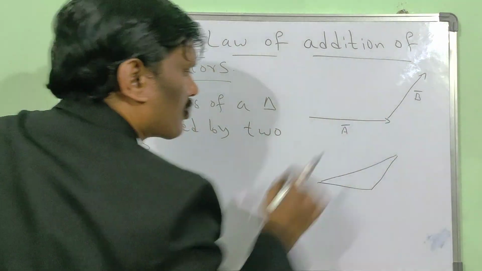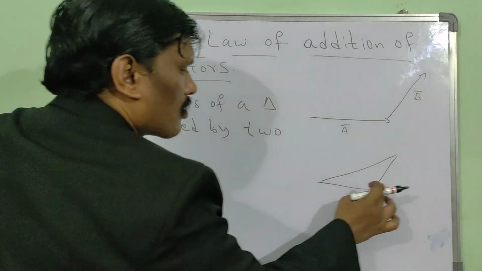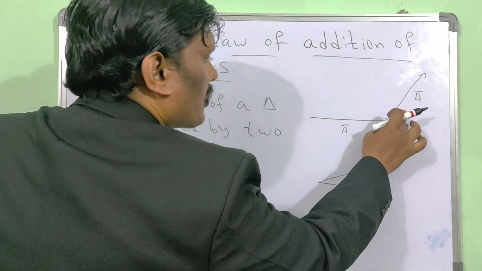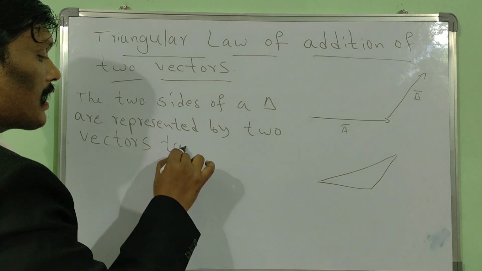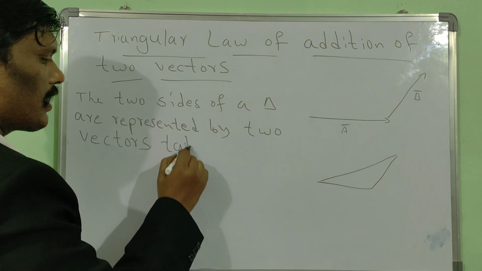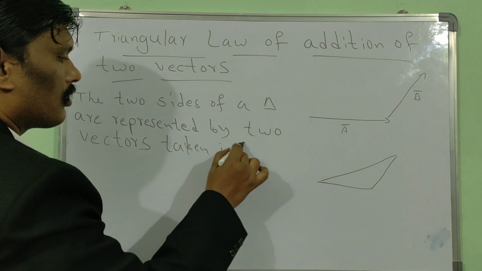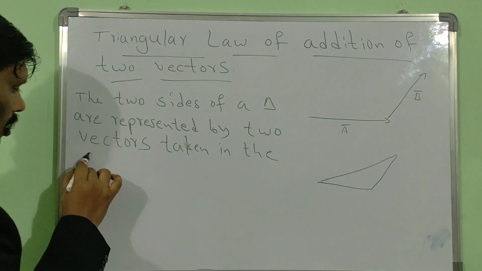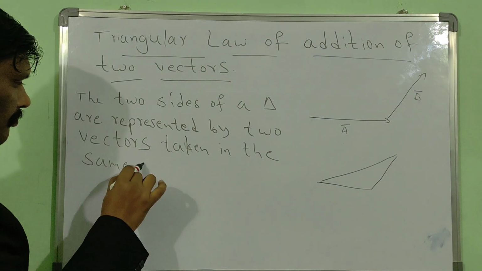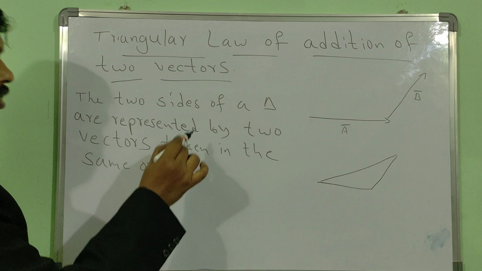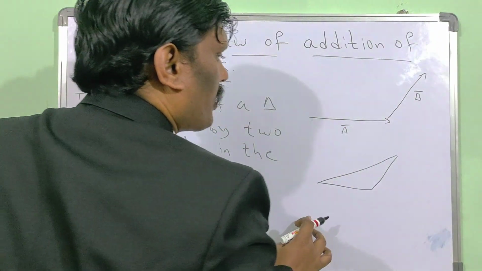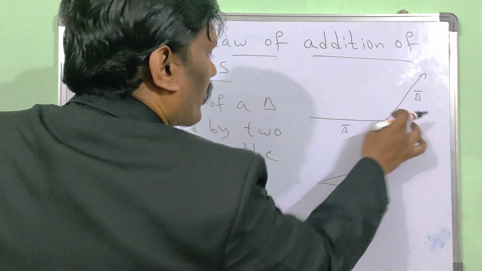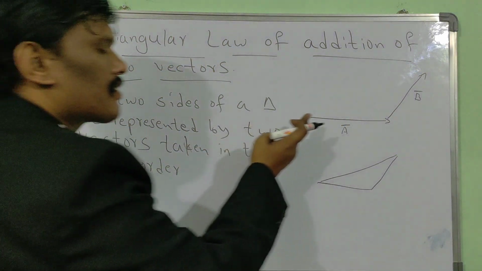That means these two vectors. So the two sides of a triangle are represented by two vectors taken in the same order.